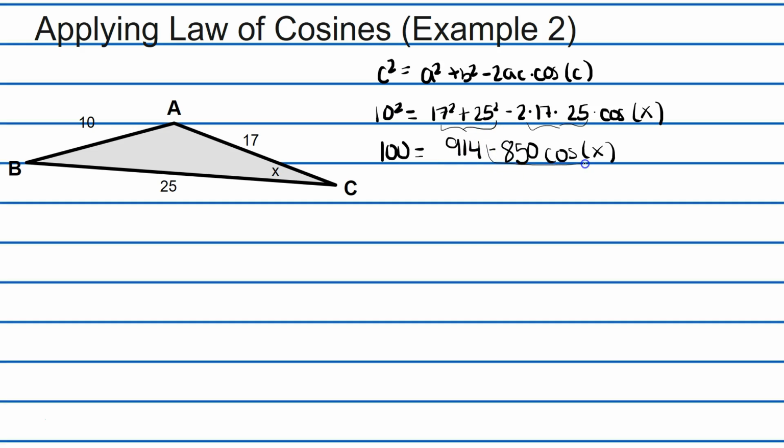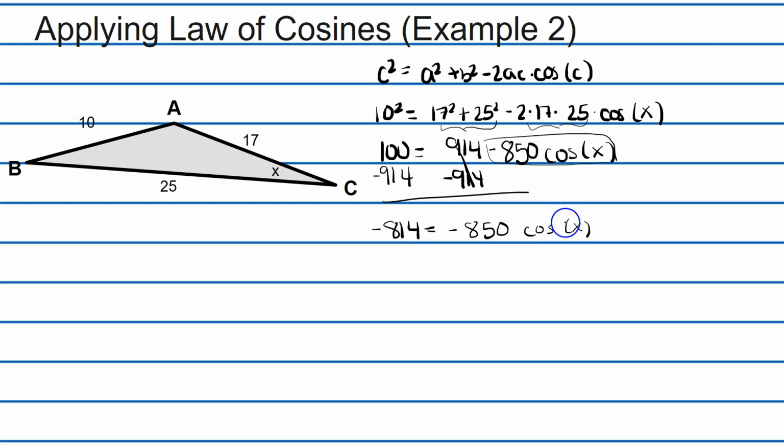Alright, so those are paired up, like in a box together, which means we can move this one. Opposite of 914 is negative 914. So we have negative 814, which is equal to negative 850 cosine of x.